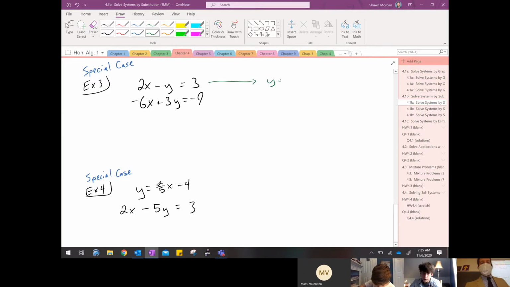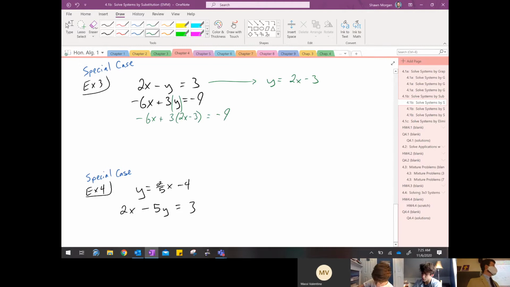So I got y equals 2x minus 3. At this point in the game, fellas, I don't want to be too harsh, but I shouldn't have to explain how we got y by itself. Then we're going to take that 2x minus 3 and substitute it in place of y into the other equation. So I got negative 6x plus 3, and instead of y, we got 2x minus 3.